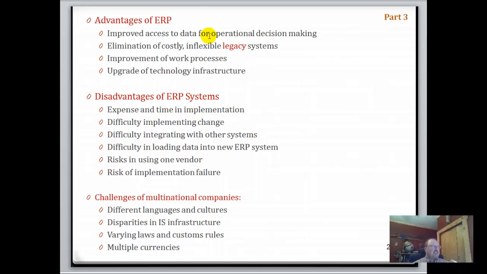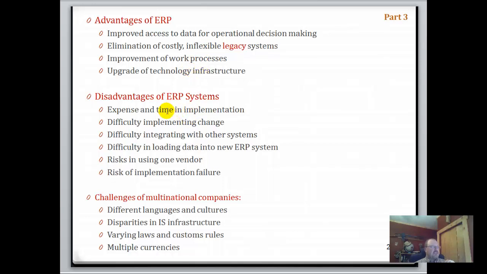The second item is elimination of costly, inflexible legacy systems. Remember we talked about traditional file systems where you had a separate database for every particular function. Well, now this is all built together, so you don't have to worry about those old legacy systems. Improvement of work processes, and upgrade of technology infrastructure.